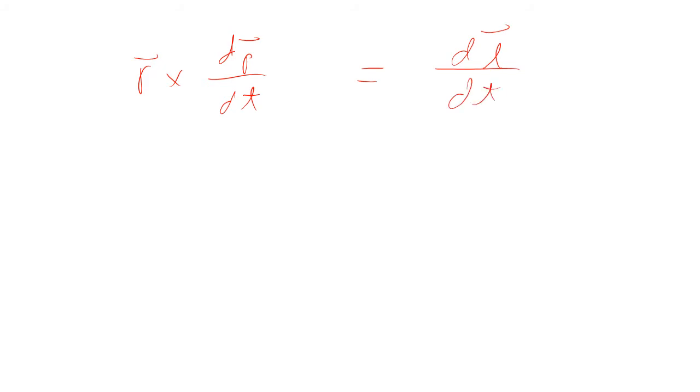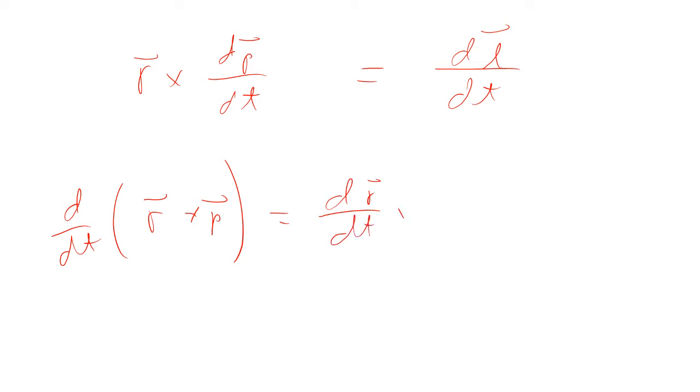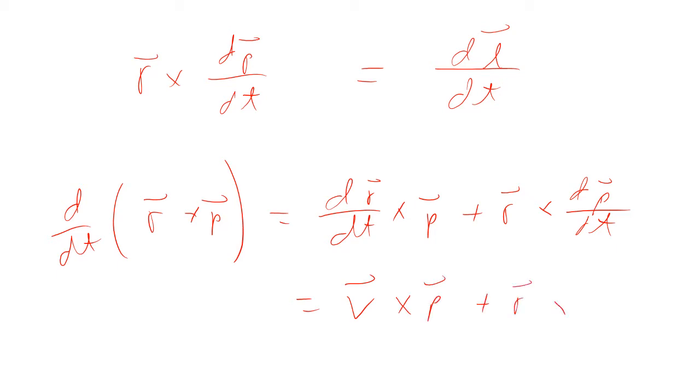So what is R cross dp dt? Well, let's look at this. If we have R cross P and we take the derivative of that, what would that be? That would be dr dt cross P plus R cross dp dt. Well, that would be V cross P plus R cross dp dt.